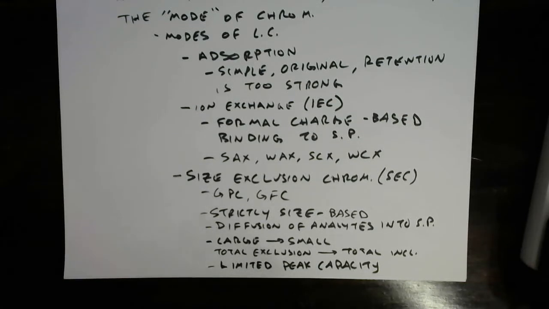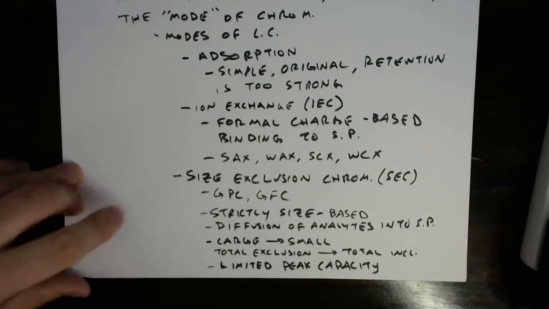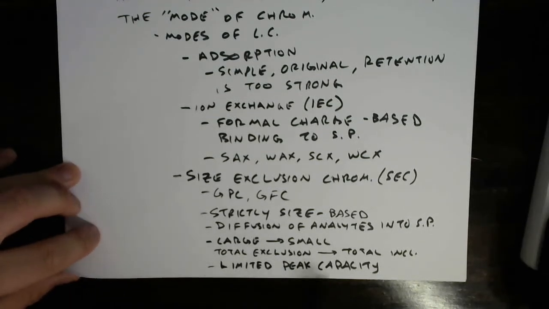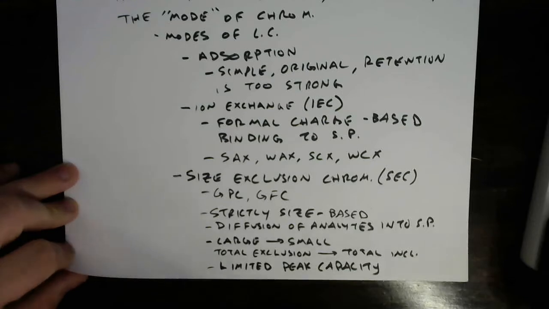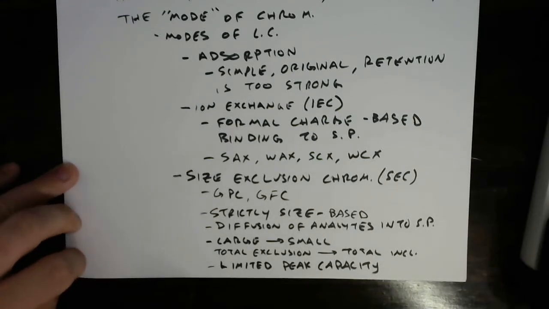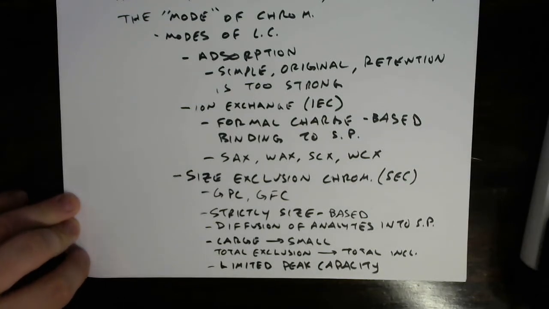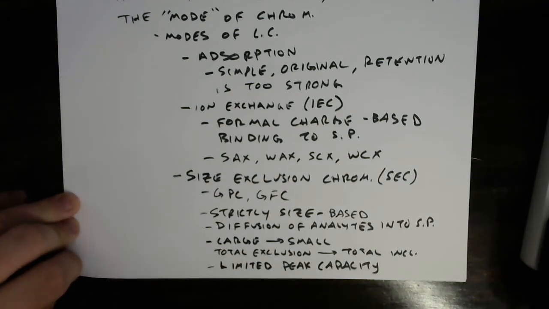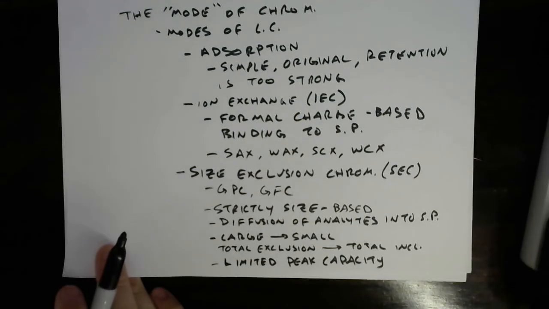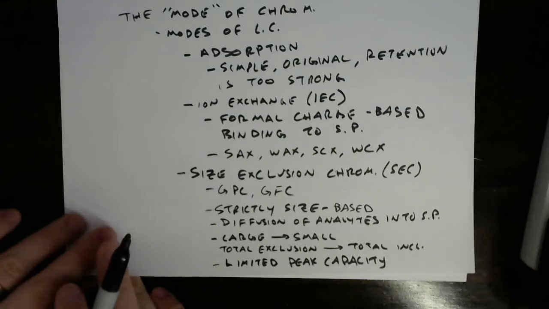We're not looking to resolve one Dalton in mass between two molecules because it doesn't change their size significantly, and we can't resolve size quite as well as we think we might like to. I think the article we looked at said something like a peak capacity of 13 or so. So whatever your resolving range is, break it into 13 parts. That's how you know how well it can resolve particles.